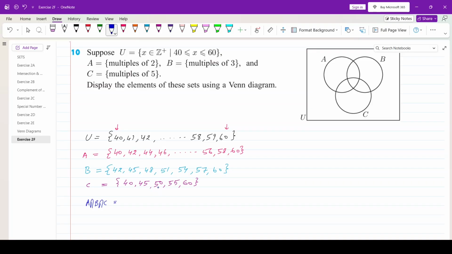No. Is 50 present? No. Is 55 present? No. Is 60 present in all of them? Yes, 60 is present in all of the three sets. Therefore, A intersection B intersection C will be a set containing the element 60, and we can write 60 over here.